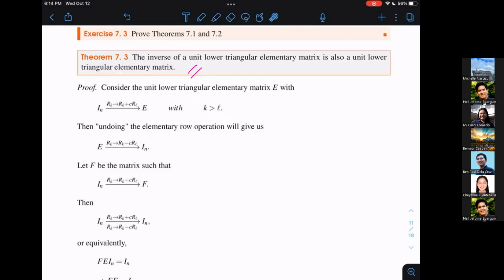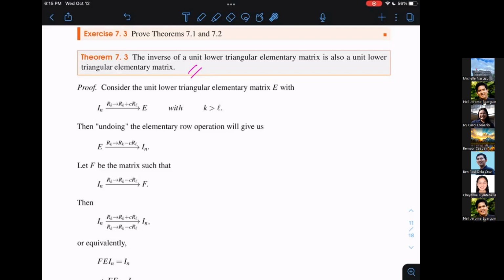Tapos ang condition k greater than l, para lower triangular yung makukuha natin. Unit lower triangular pa rin naman yung makukuha natin. And this is the only way that I can get a unit lower triangular elementary matrix, because the two other elementary row operations will not necessarily result to a unit lower triangular elementary matrix. Kaya yung proof pwede ko nang i-limit dito sa case na to.